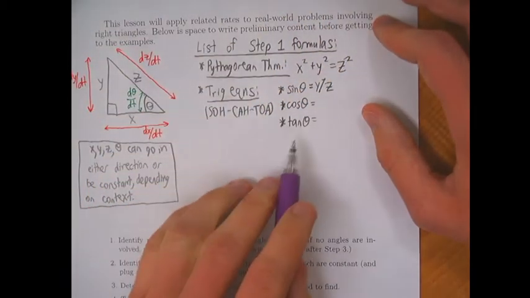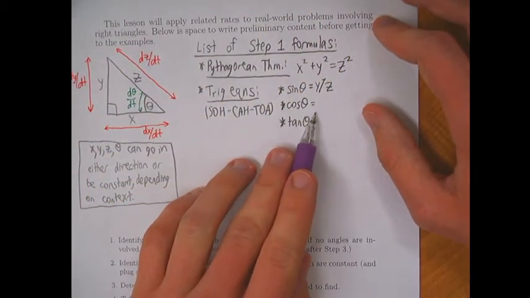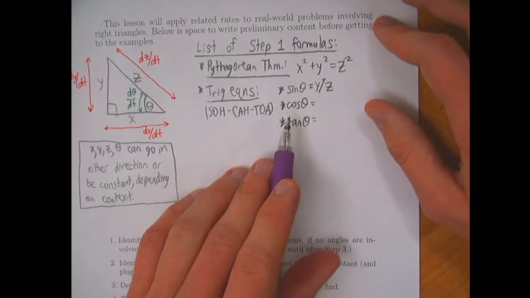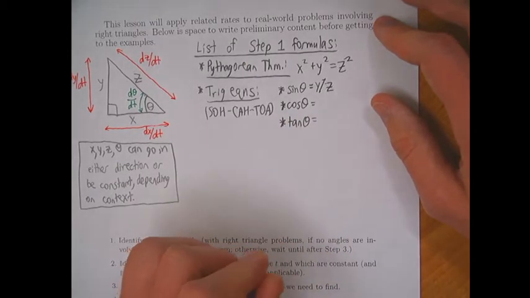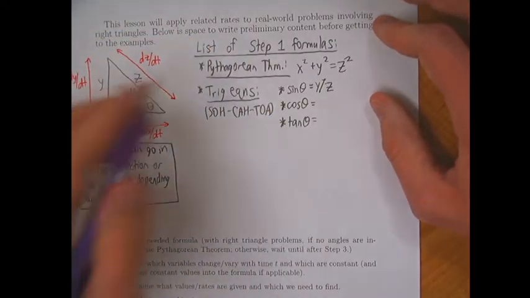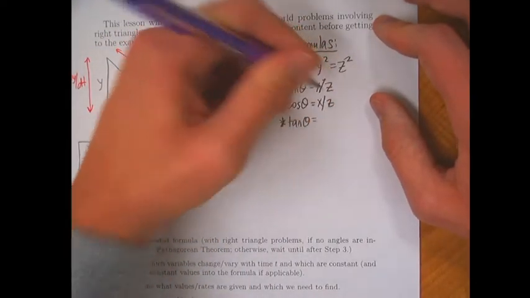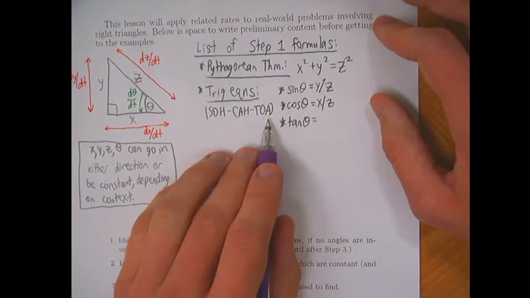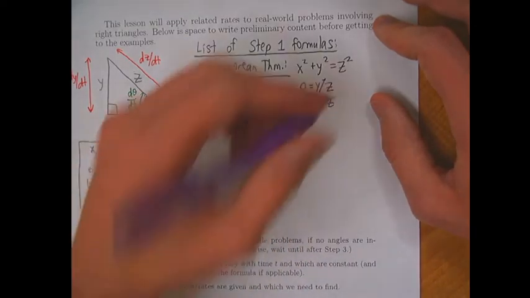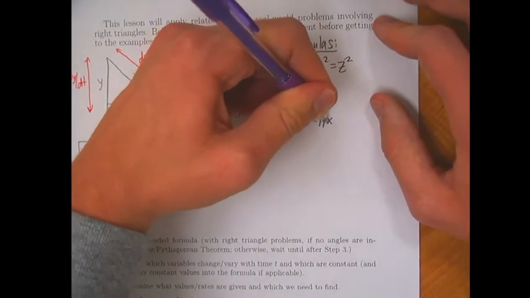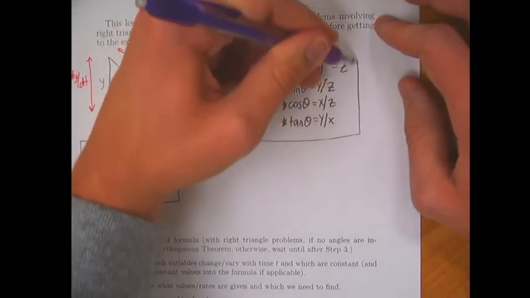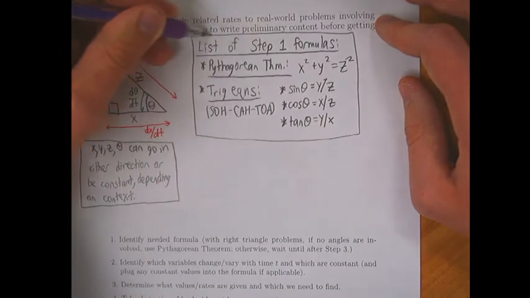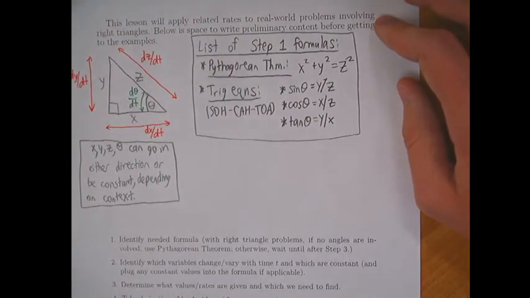Do the same thing with cosine theta: adjacent over hypotenuse, so x over z. And then tangent of theta will be opposite over adjacent, so y over x. So here's a list of step 1 formulas that will be useful.